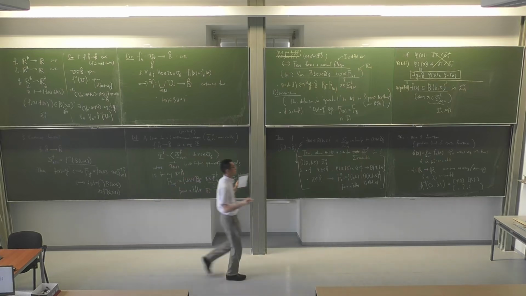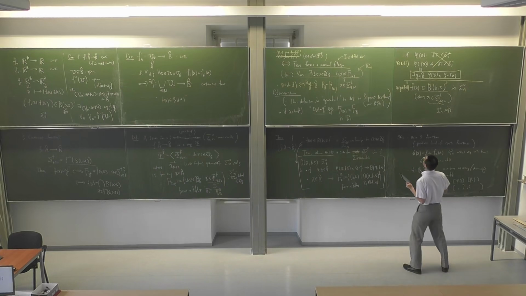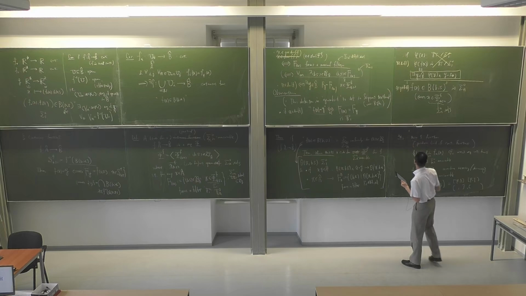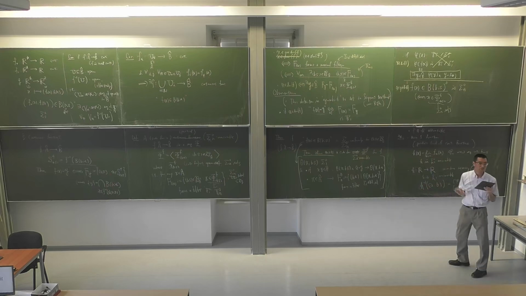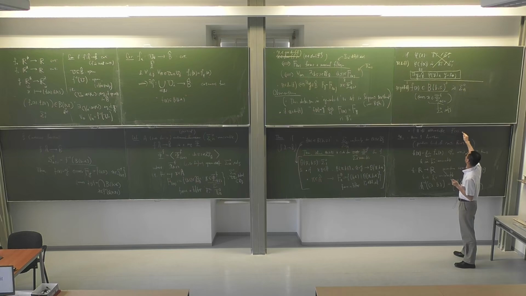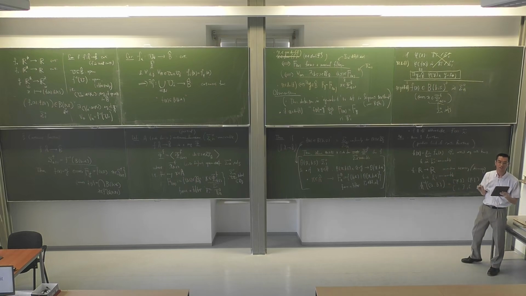Another important thing, just an easy example, so I'll try to write here. If f from R to R is differentiable, then of course you can take the derivative, f prime. We can encode this derivative too. If you know that it's differentiable at all points, then it's sigma 2.